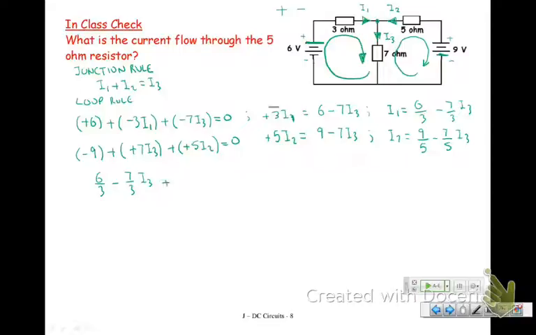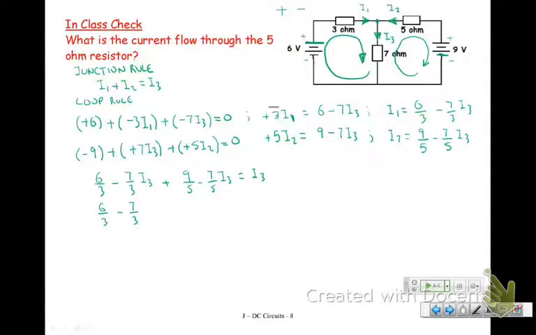Plus 9 over 5 minus 7 over 5 I3 is equal to I3. Six over 3 minus 7 over 3.